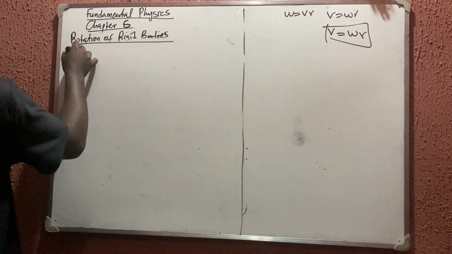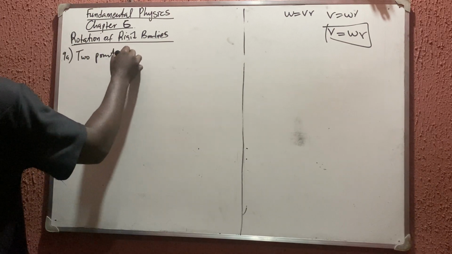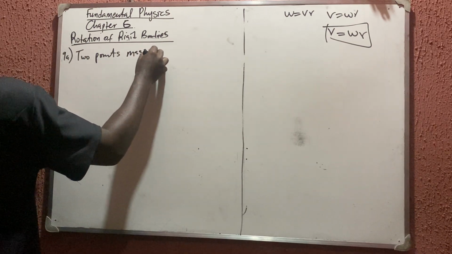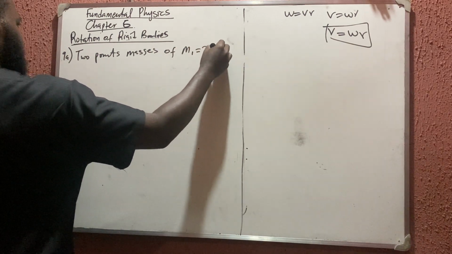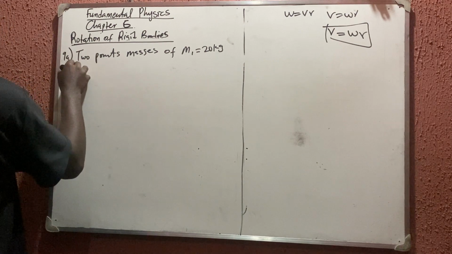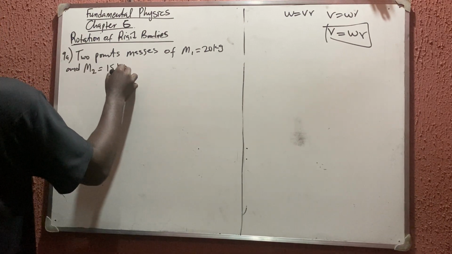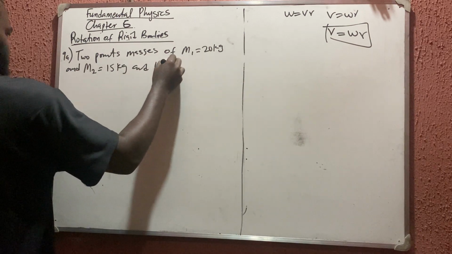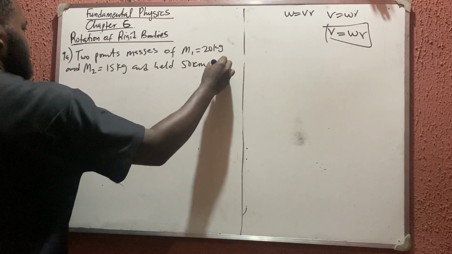Question number 9 says: two point masses, M1 is equal to 20 kg and M2 is equal to 15 kg, held 50 cm apart.